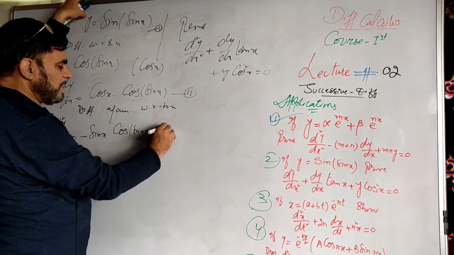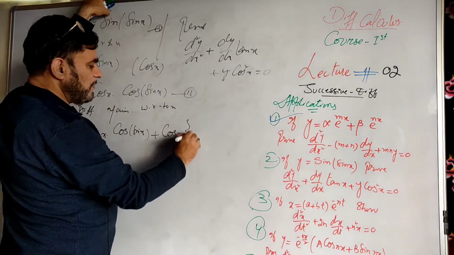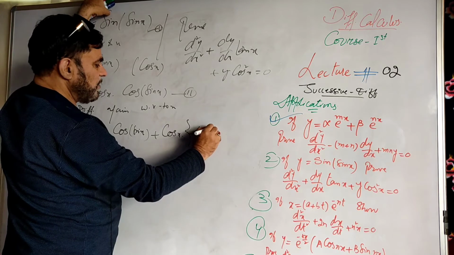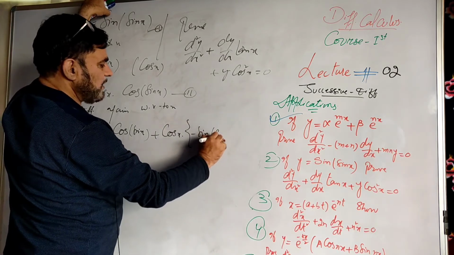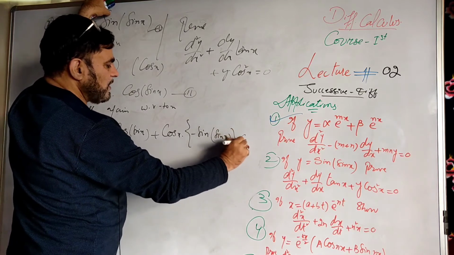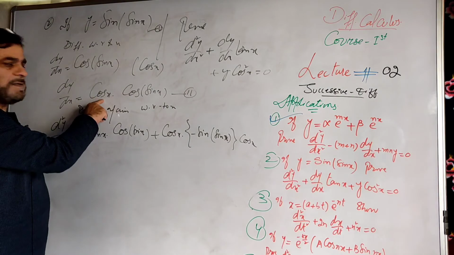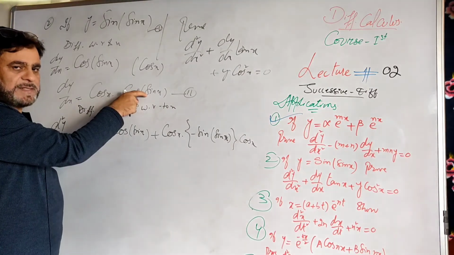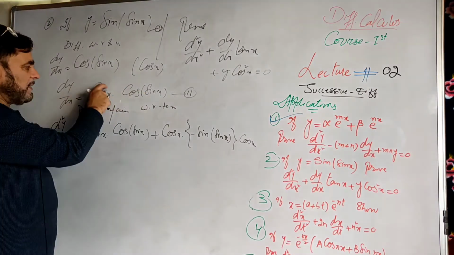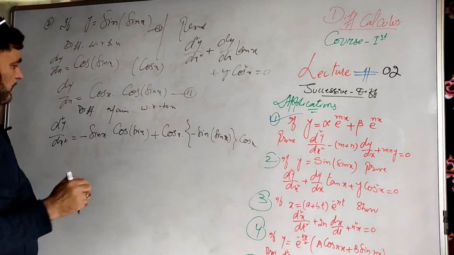Then plus first function cos x as it is, derivative of second: derivative of cos is minus sin x, sin of sin x, then internal derivative of the angle sin x, it is cos x. Derivative of this as it is, then plus this as it is, derivative of this. It is the product rule of differentiation. You did it.